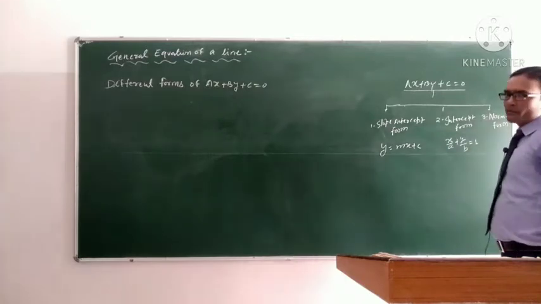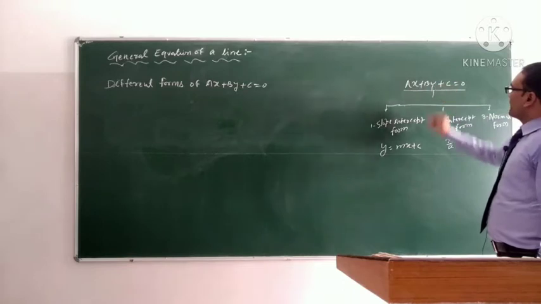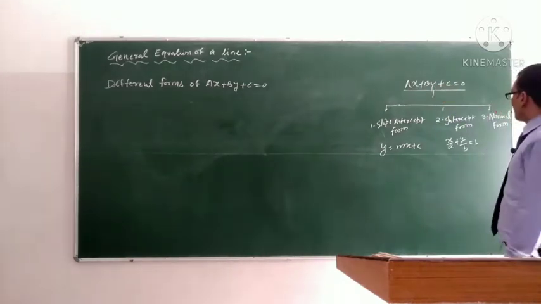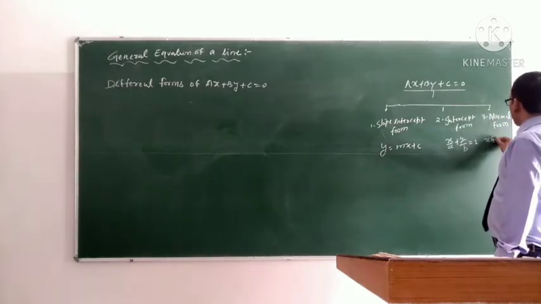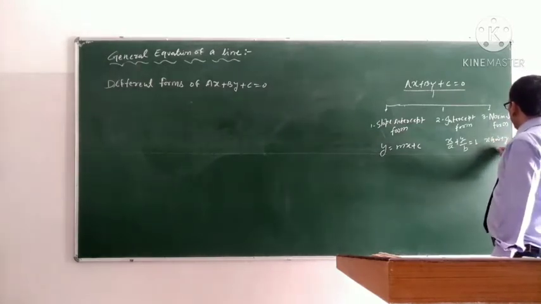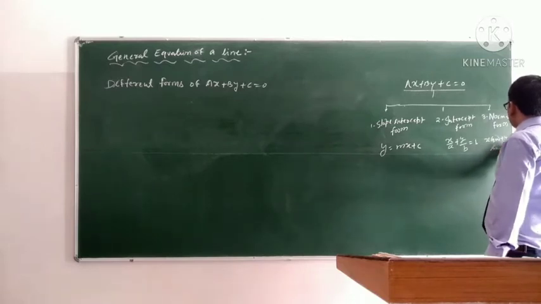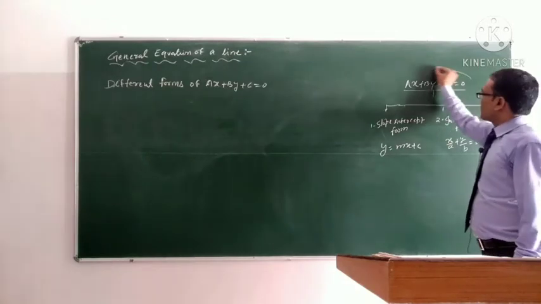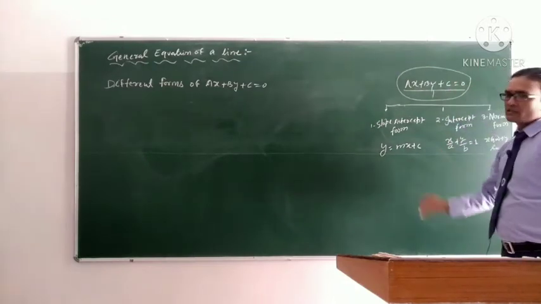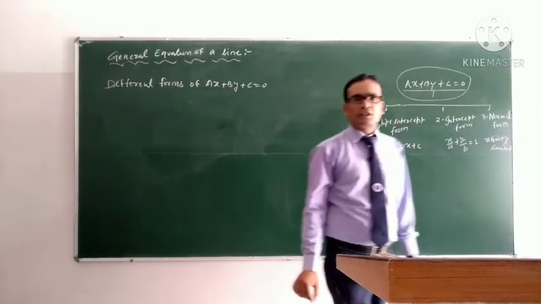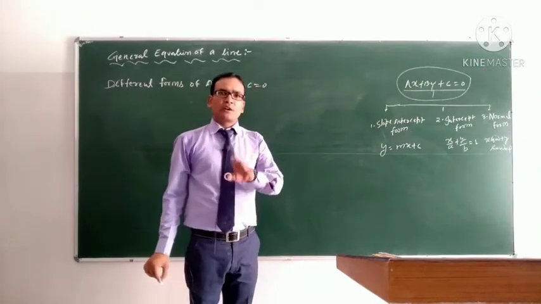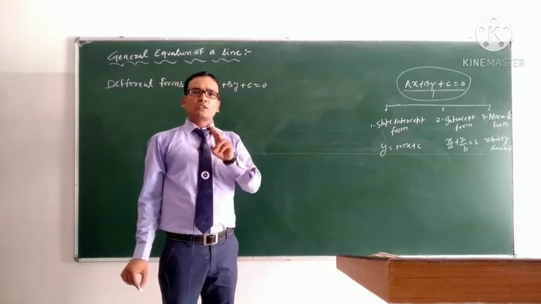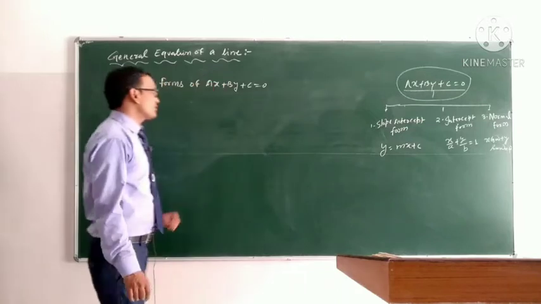We will convert ax plus by plus c equal to 0 into the normal form x cos omega plus y sin omega is equal to p. That means we will convert ax plus by plus c equal to 0 into three forms. First is the slope intercept form, second is the intercept form, third is the normal form.